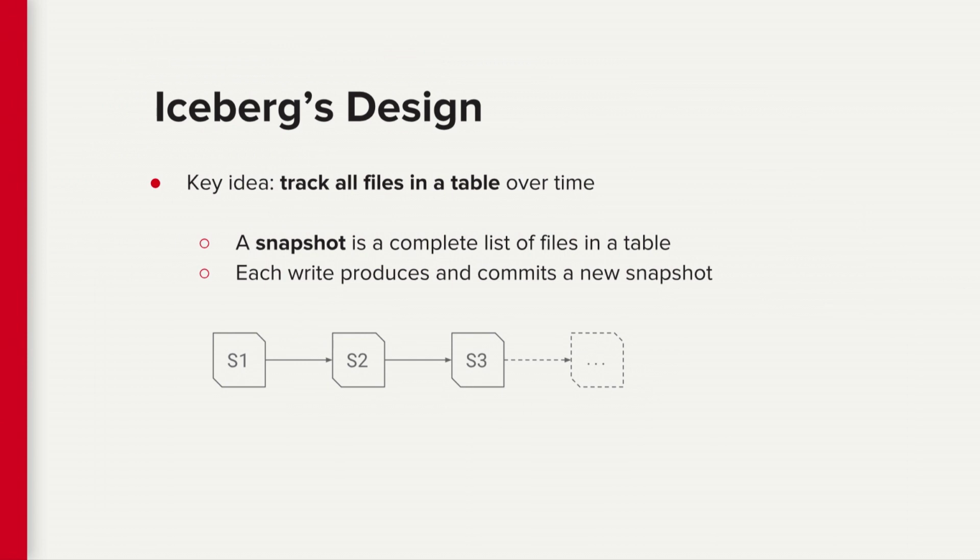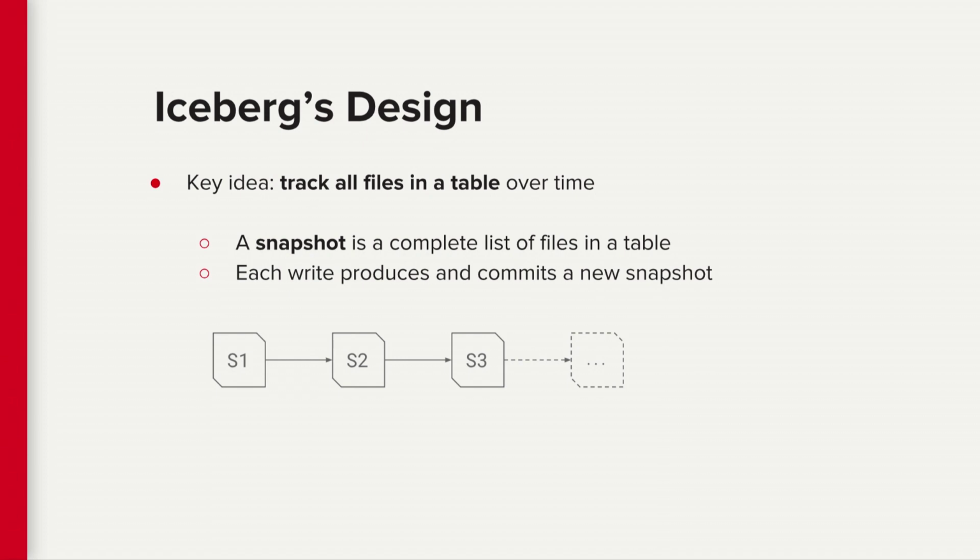Much like we started with a key idea behind Hive's table design, that was, hey, let's just put stuff in directories and then only use the directories we want. Iceberg's key design is we're going to track all of the files in a table over time as they change. We're going to do that by keeping, in conceptual terms, a snapshot of every state of this table over time as it changes.